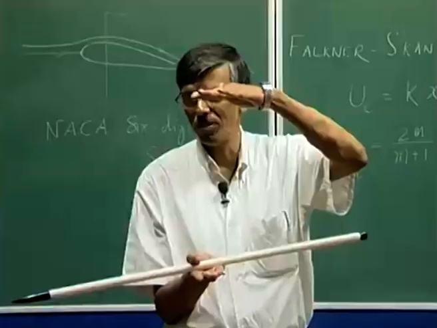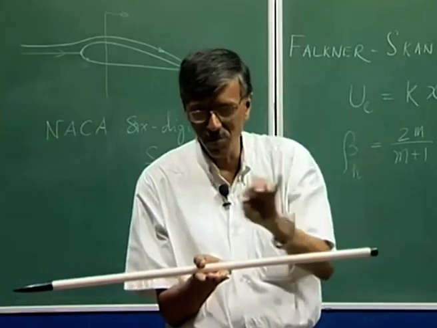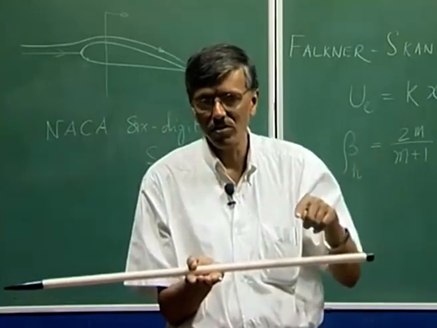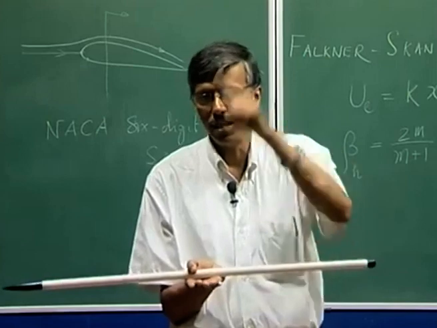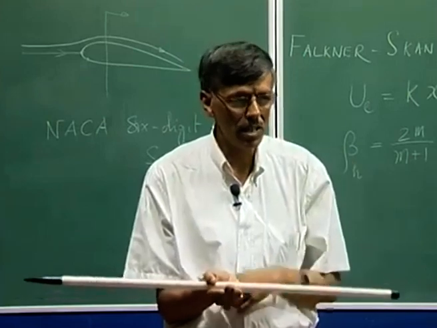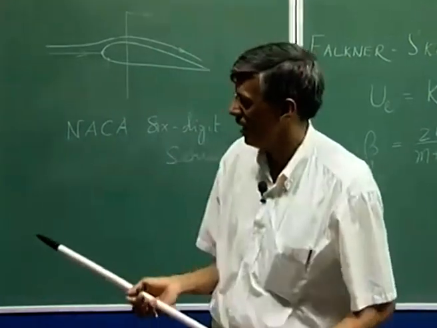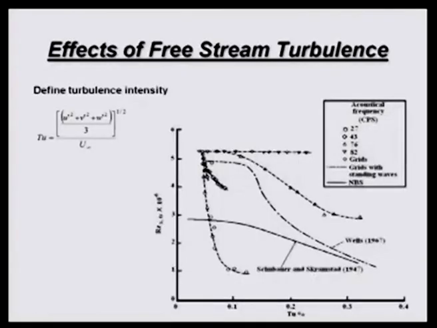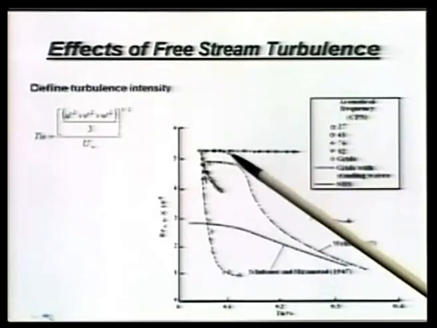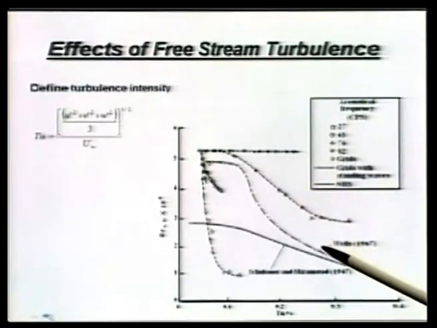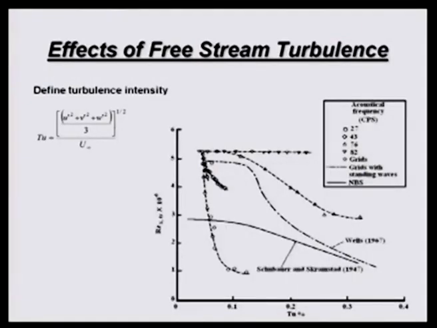It is a closed section wind tunnel and I put a model inside, then the waves, if I create acoustics, will continually reflect from top and bottom, and depending on the condition I can also create a standing wave, and that is what one of the results is. This data is due to Wells, which says that there was a grid, but in addition there were some standing waves noted.